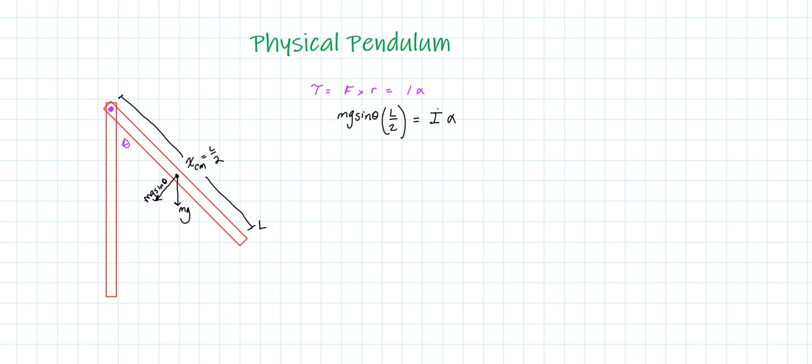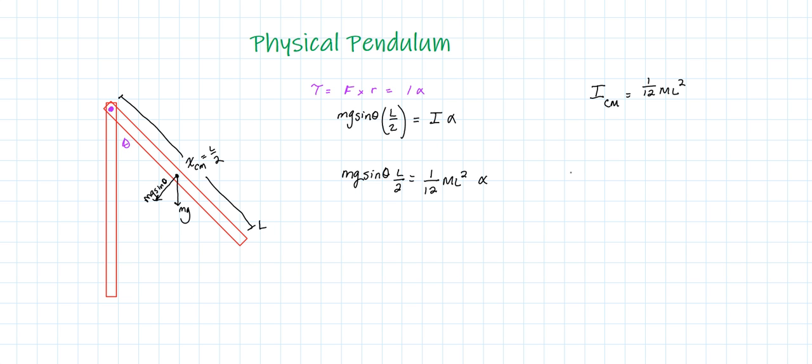Now we could derive the expression for this, but we know from before that the moment of inertia of a rod about its center of mass is going to be 1/12 ml squared. So when I factor all of this in, I have mg sine theta times L over 2 equals 1/12 ml squared times alpha.